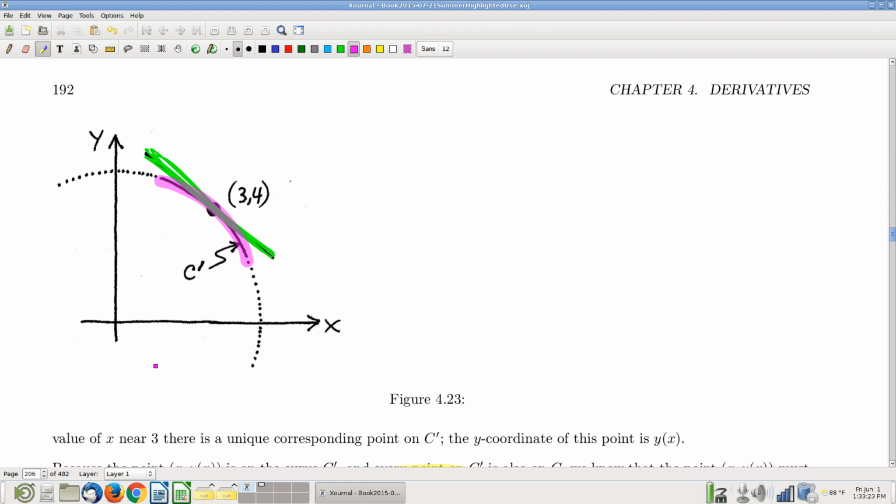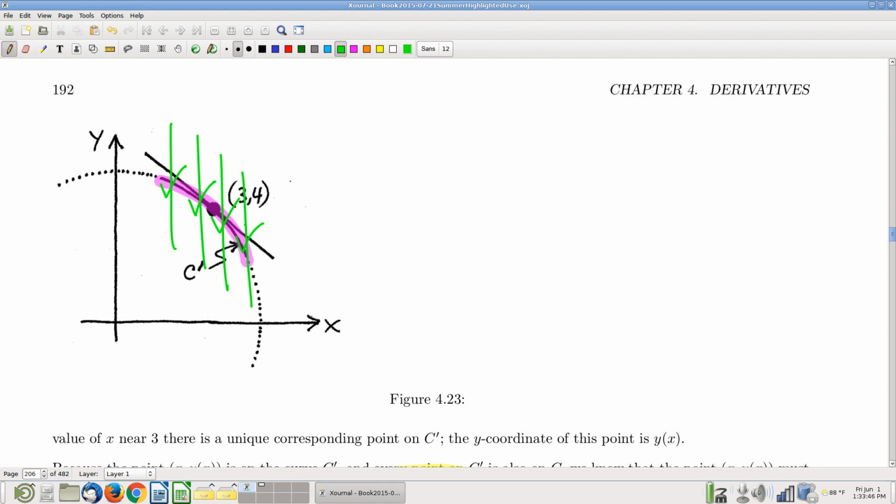I can look just at that purple part of the curve, as far as the vicinity of that point is concerned. It's going to give you the same tangent line. It's going to answer the question. And this purple curve, very conveniently, is a graph. It passes the vertical line test with flying colors.